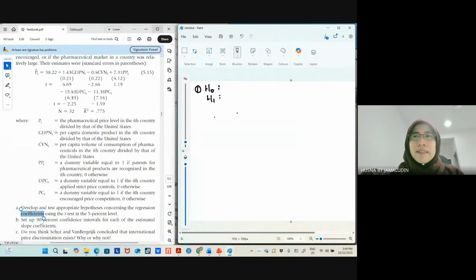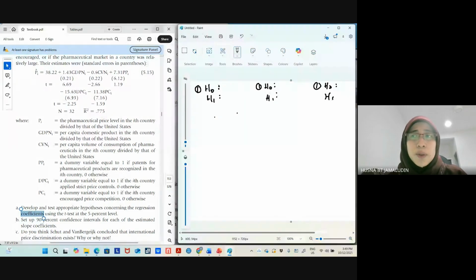Let me just write down 3 examples. This is step number 1 as well, for the second hypothesis, H0, H1. This is the third hypothesis, also step 1, H0, H1.